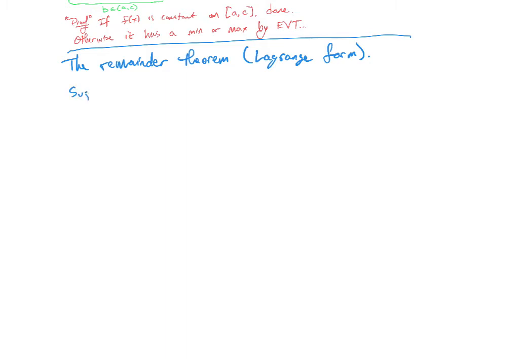Okay, let's suppose that f is n plus 1 times differentiable. It'll be easiest if we don't try and clarify where it's differentiable, so n plus 1 times differentiable on the closed interval of interest here.